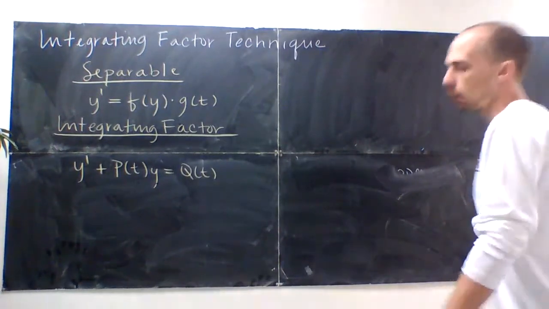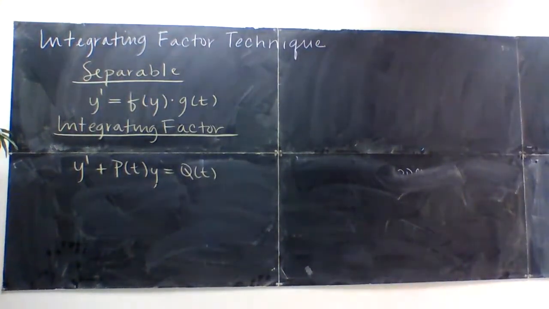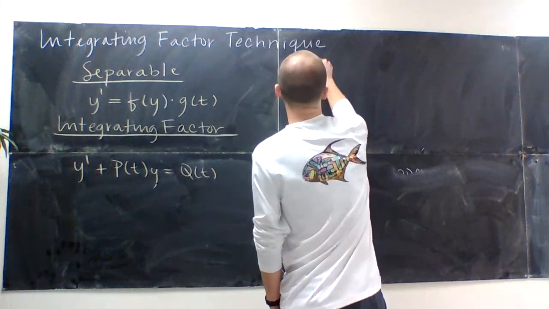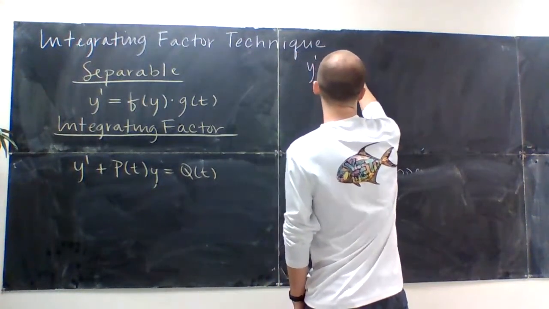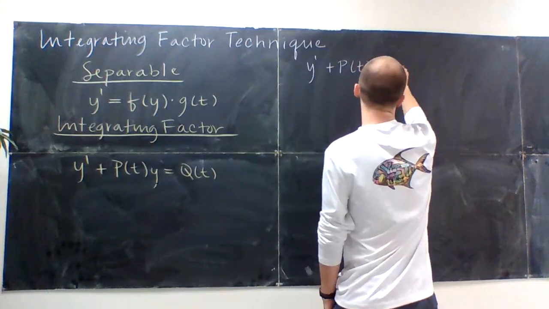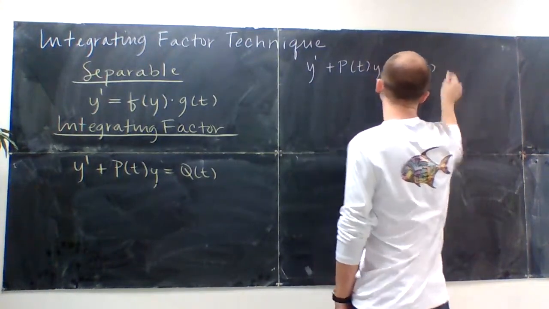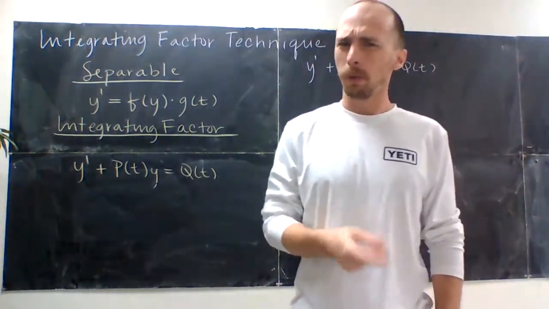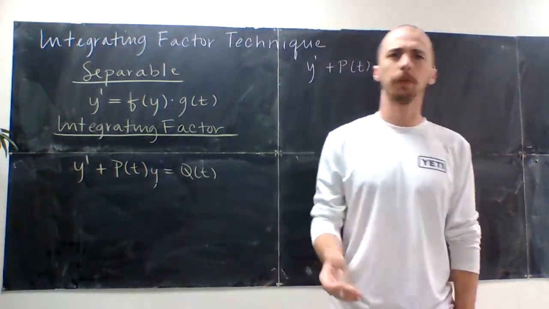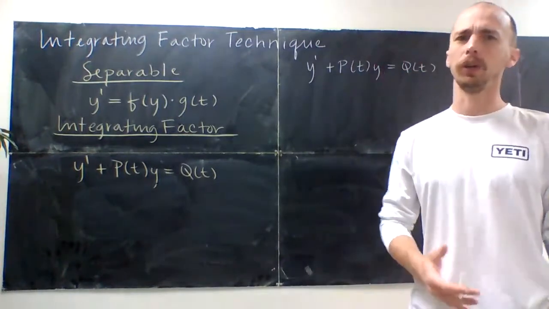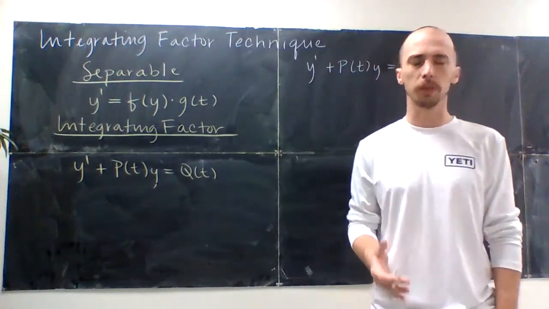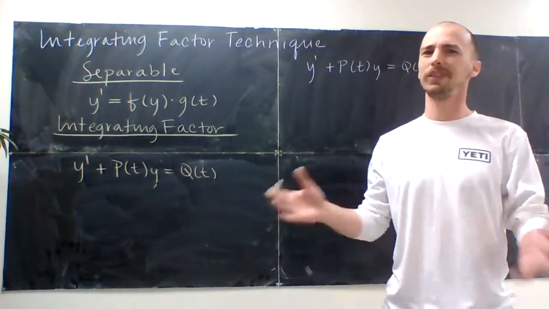All right, so I want to start off with y prime plus p of t times y equals q of t. I've taught this class a few times, and I've never seen who this technique is really attributed to, but every year I find myself pretty impressed that someone would just think to do this.